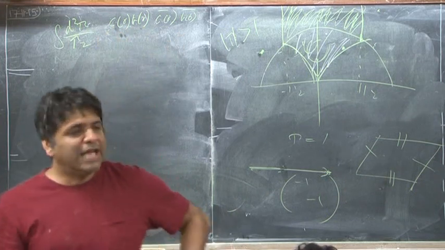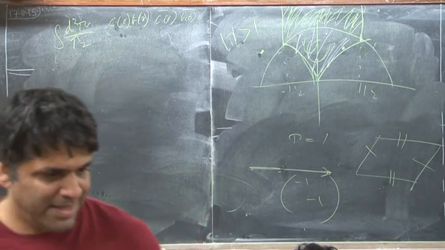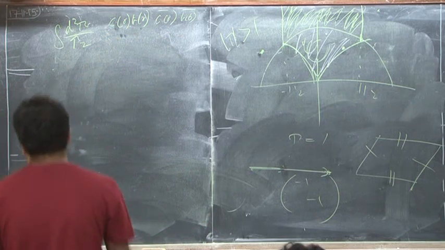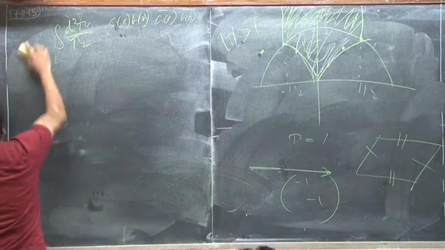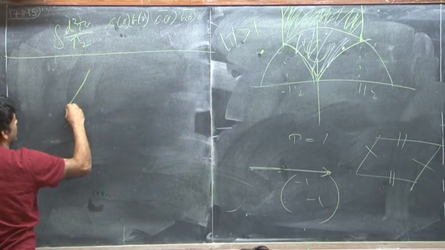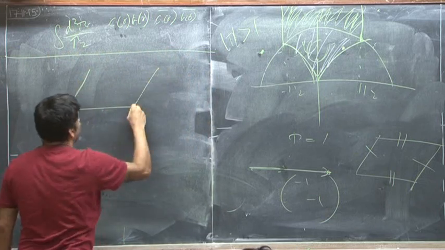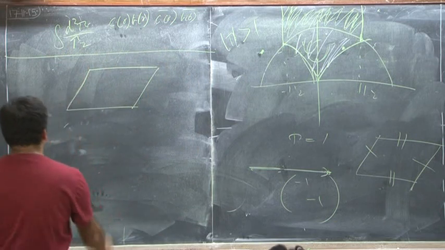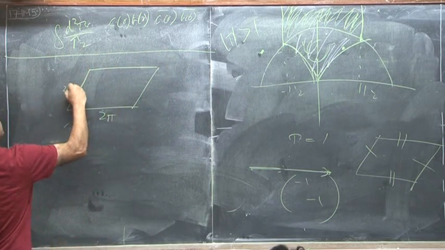So let's first look at the matter part and then look at the ghost part. We want to evaluate the partition function of the matter conformal field theory on a torus that looks like this. It's 2 pi, right?